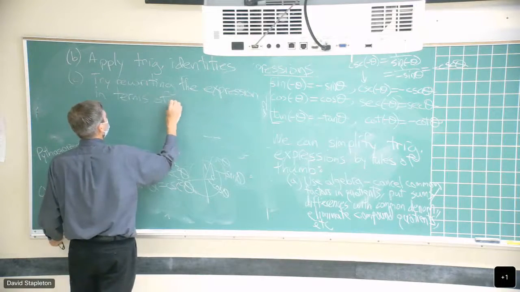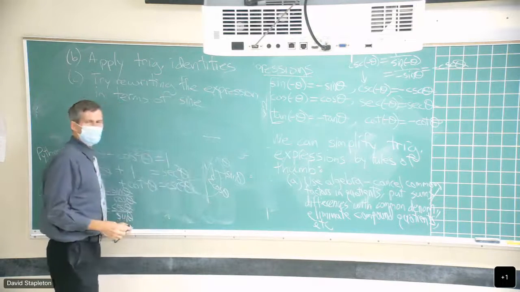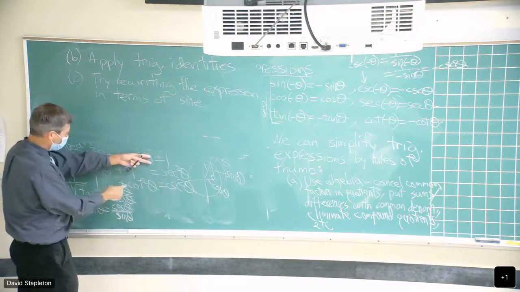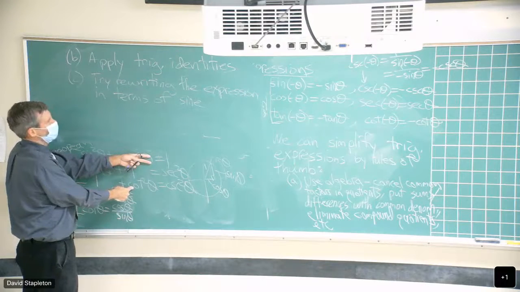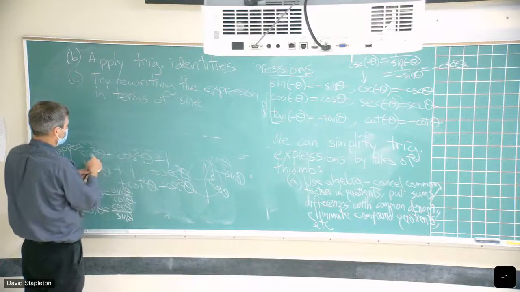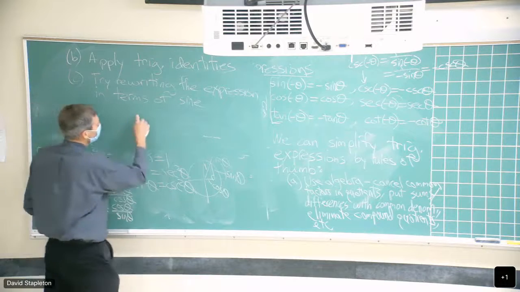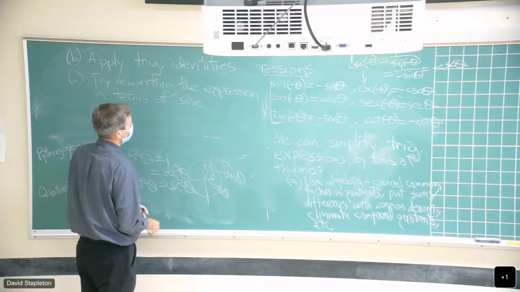A lot of times this will just help you to see what to do. It was standing there in front of your face, but you couldn't tell before, right? If I saw 1 plus cotangent squared before, I might not know how to simplify that because I might not remember its identity. But if I write in terms of sine and cosine, I'll come out of it with a sine squared plus cosine squared. Then I'll say, I know that one, right? So a lot of times, once you write in terms of sine and cosine, it's easier.